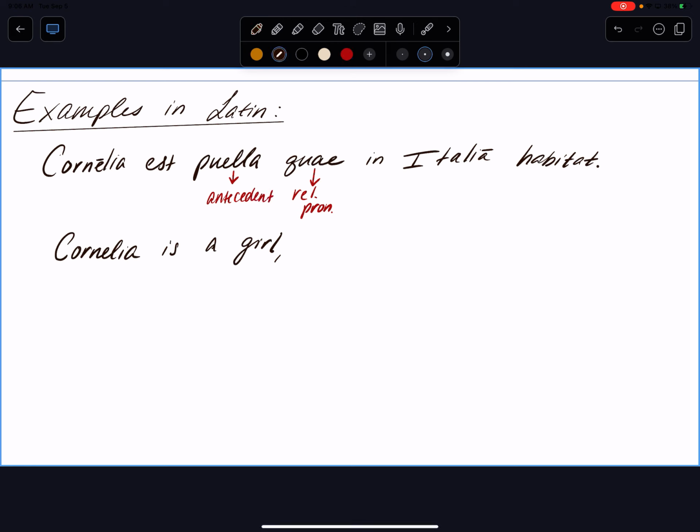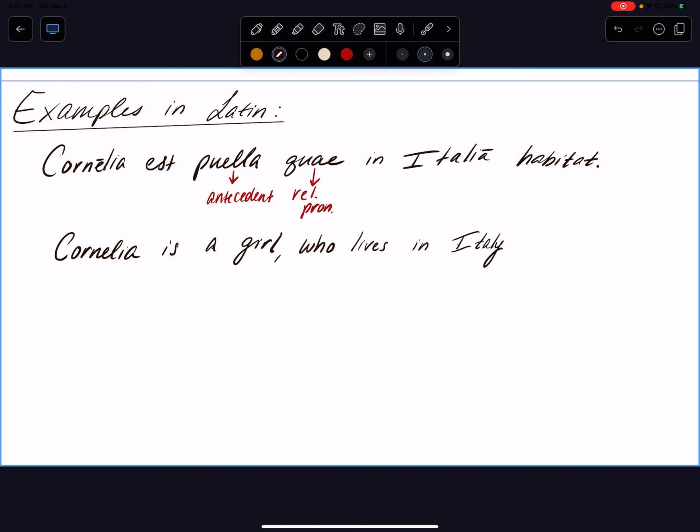So Cornelia is a girl who habitat in Italia. Yep. Wait, so it's modifying puella? Yep. So the relative clause is modifying puella. I mean, technically it could be arguable. It's modifying both because Cornelia and the girl are the same thing. So it's a linking verb sentence. So maybe this was not the best first example to give, but that's okay. Sorry, my bad.